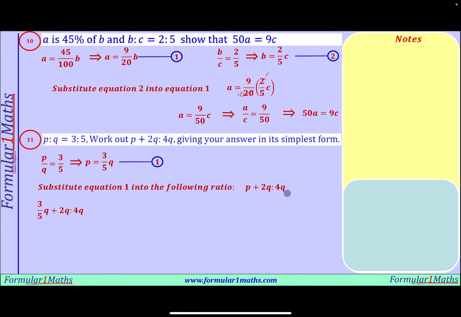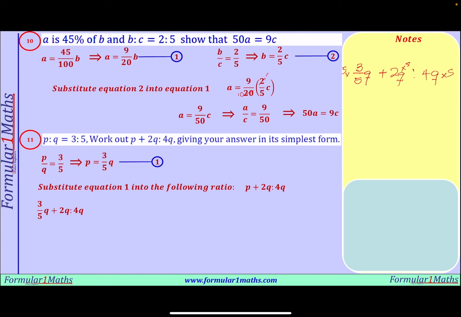Now the best thing to do here is to multiply all the terms by 5. So what I mean by this is we've got 3 over 5 Q plus 2Q to 4Q. If I multiply that by 5, I must multiply that by 5 and that by 5.